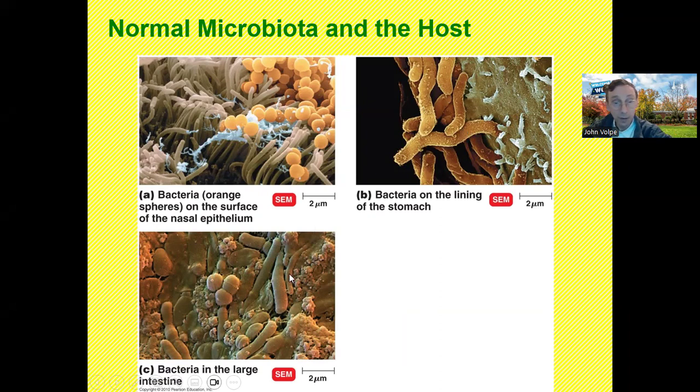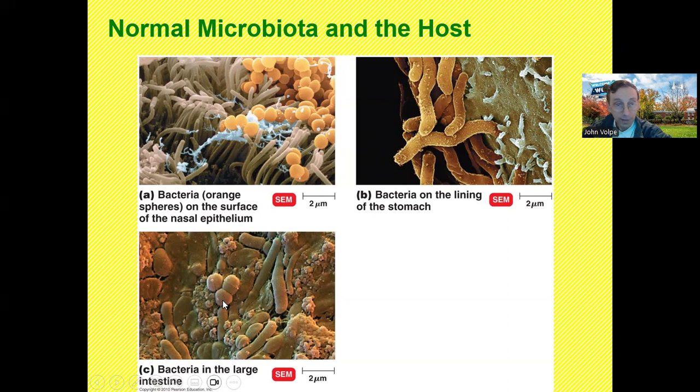Here's some normal microbiota in the intestine. This right there is not normal microbiota. That's actually food that's being digested. And right there, that looks like a rod. This looks like a coccobacillus. And that cell kind of looks like a cocci. It's not.